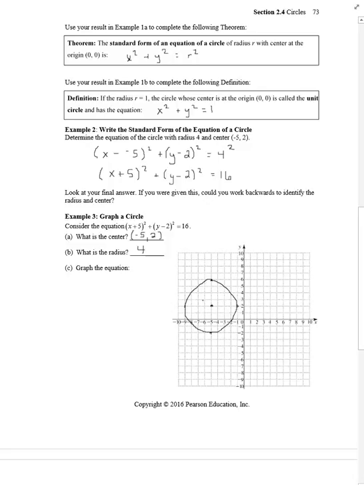Okay, moving on to the next and final page.